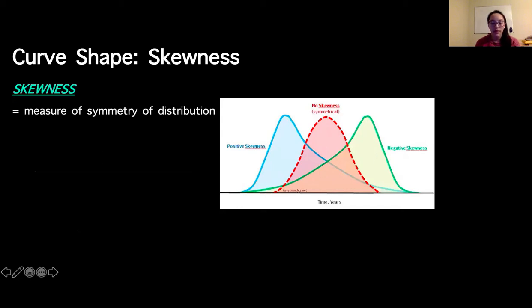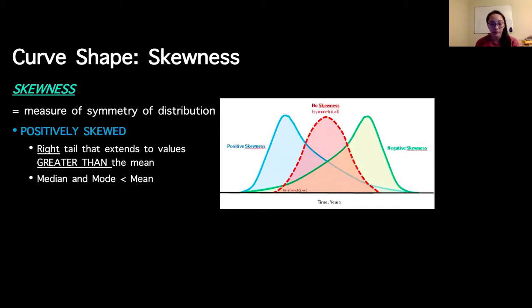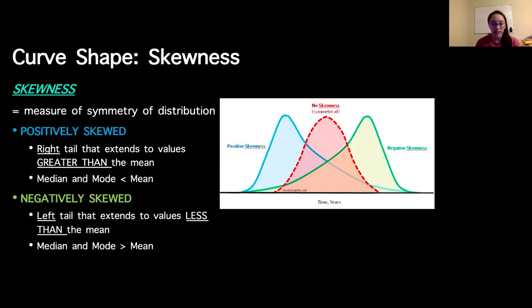When you have the presence of an extreme score, you can end up with positive skewness or negative skewness. The sign of skewness is determined by where the tail is located. For positive skewness, I like to remember this in terms of where my standard deviations are. Positive standard deviations are on the right side of the distribution, and negative standard deviations are on the left side.